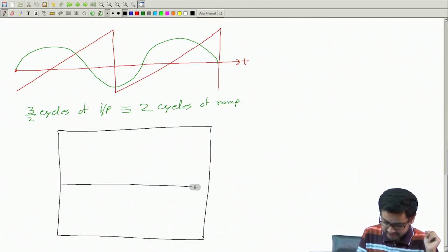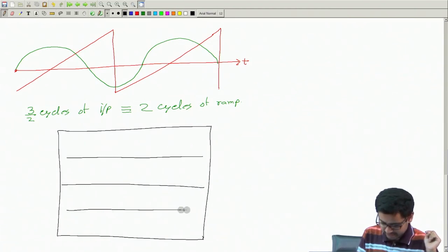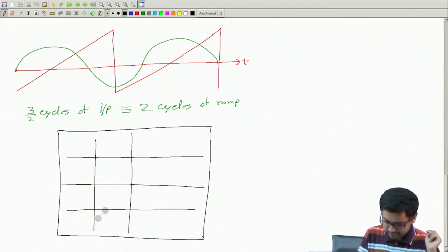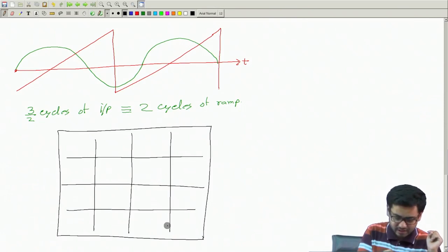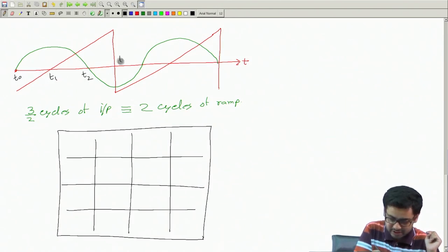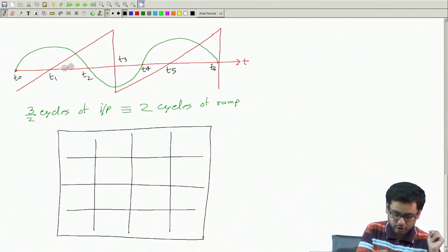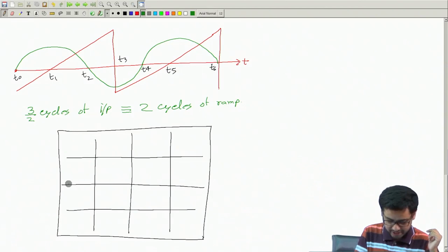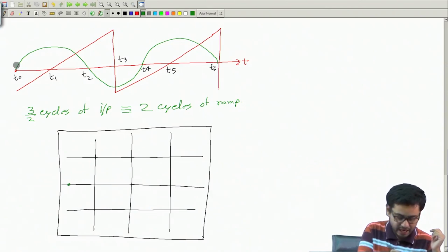Let this be the screen with divisions marked. Now say we mark some points here, T0, T1, T2, T3, T4, T5, T6, all the corner points, all the 0 crossing points I am just marking. Now at T0 we are at the extreme left, and height is 0, so we will be here.